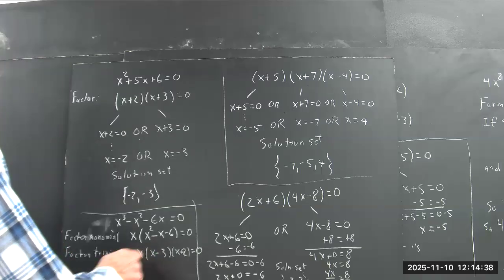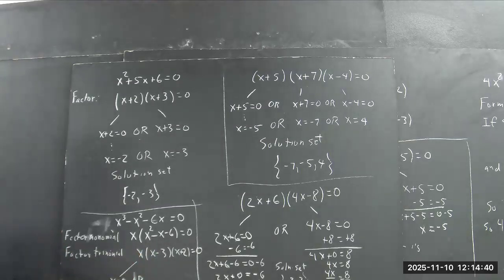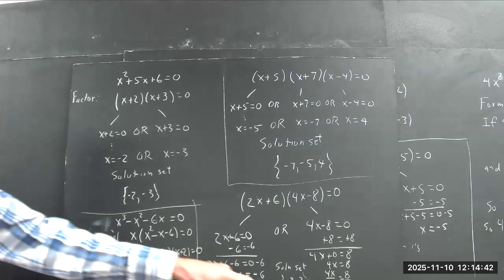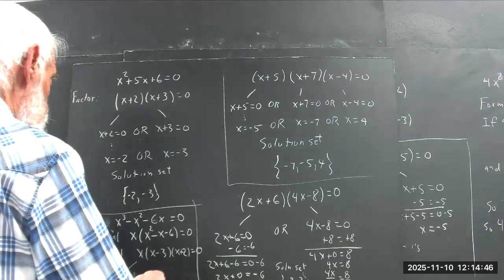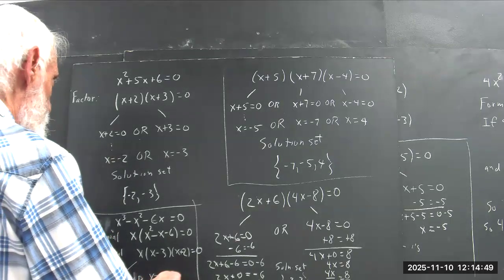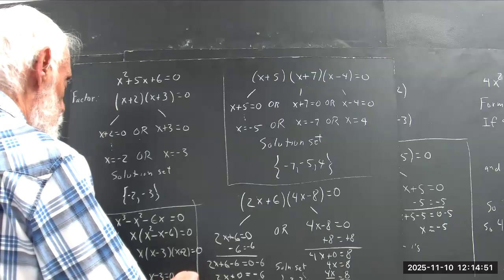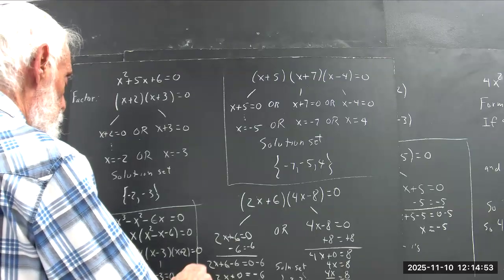We have x, so x could be 0. And if x is 0, that makes the whole product 0. If x minus 3 is 0, the whole product is 0.